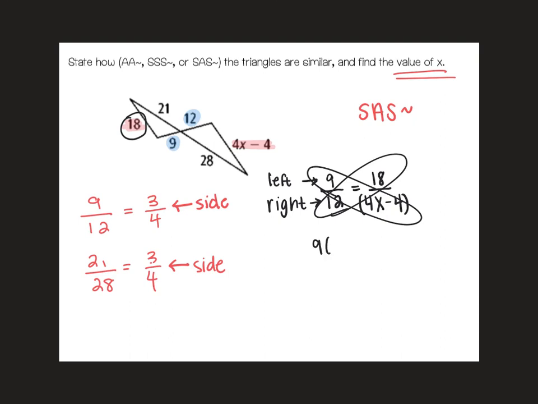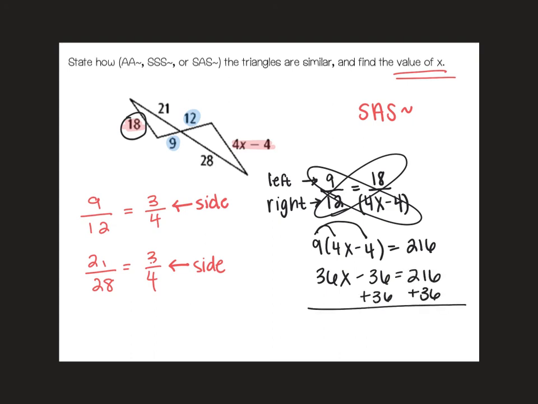So we have 9 times (4x minus 4) equals 12 times 18, which is 216. You would distribute, add 36, and you get 252. And then when you divide by 36, you get 7.